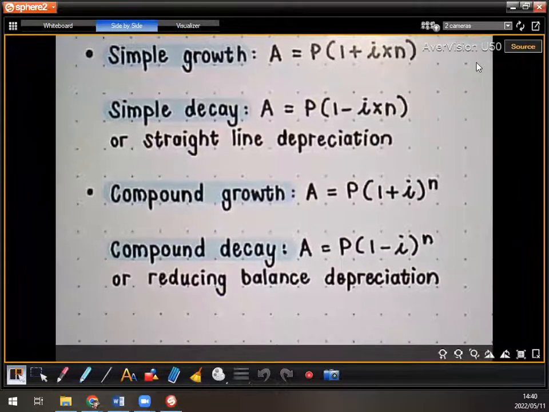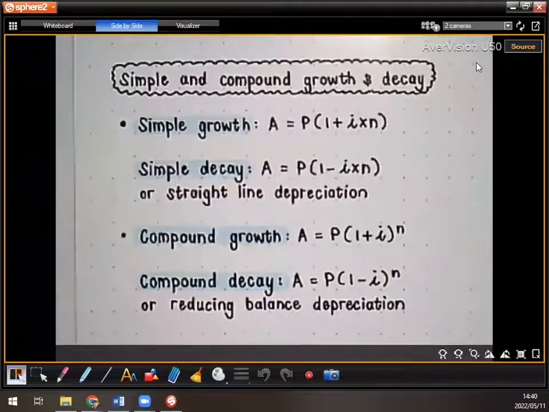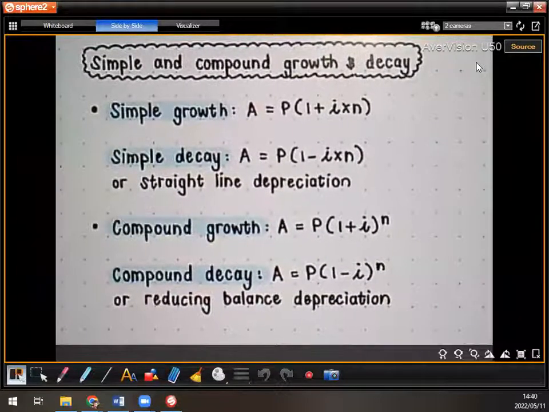Okay, in terms of what these variables represent, I'm just going to write that on the side because, like I said, it is the same for all four equations, all four formulas, which is quite nice.